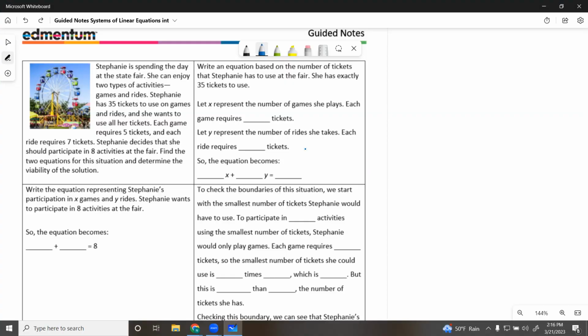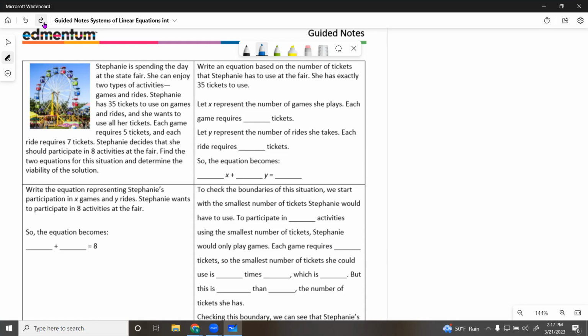Okay, the last page, 5 out of 5. We're now going to start working through the practice here. Again, my first step is I go through and I highlight what I think is the important stuff out of the problem. Again, you don't have to do that.